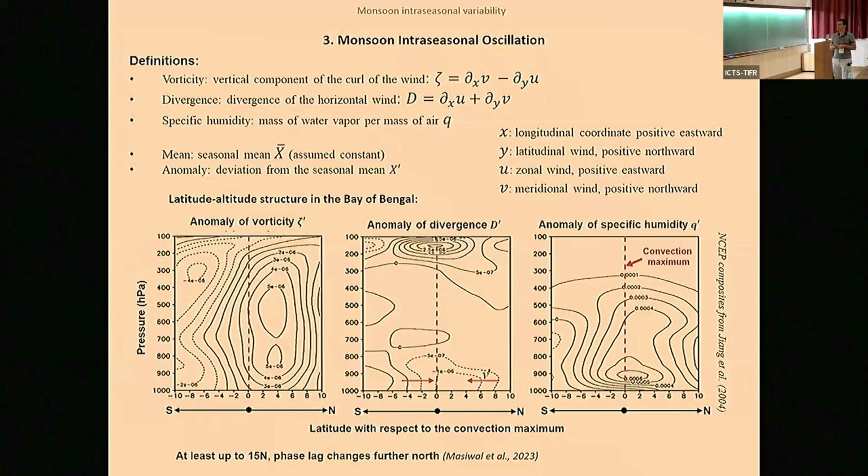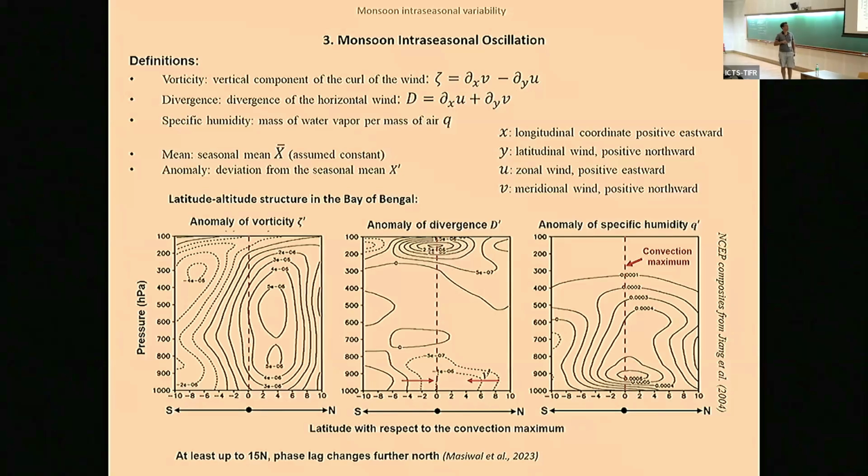So Jiang et al., in that very famous paper from 2004, 20 years ago again, did explore the vertical structure of this mode by taking composites with respect to the center of convection as defined by the minimum of OLR.